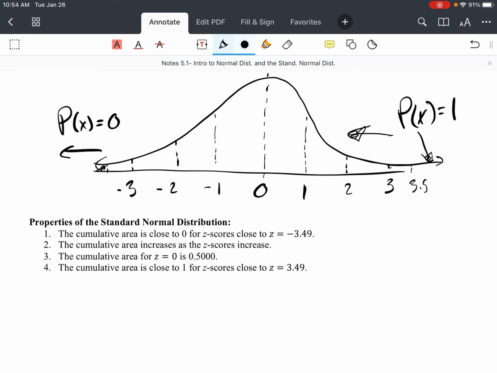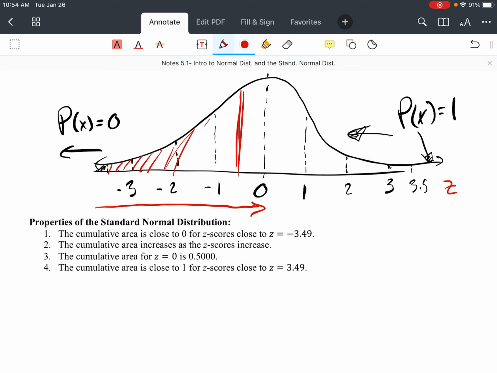Okay. The cumulative area increases as the z-score increases. So as our z-score gets bigger and bigger, this is our z-axis, the area, or the probability of whatever that is, gets bigger and bigger.